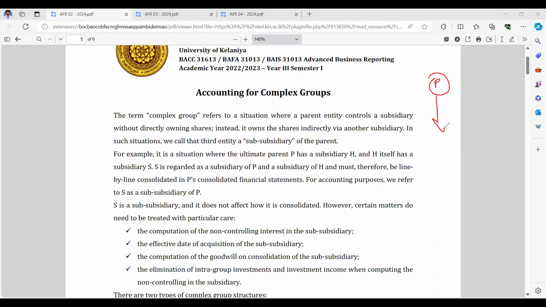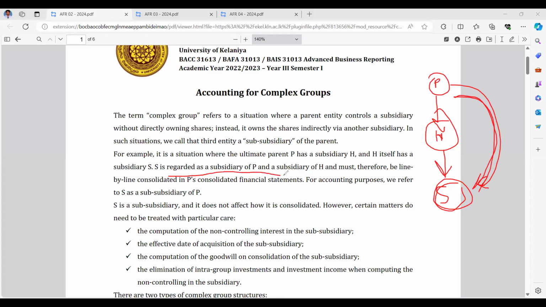P has a subsidiary called H, and H itself has a subsidiary S. From the parent's perspective, S is a sub-subsidiary of the P.